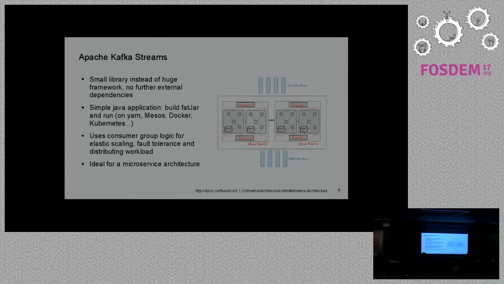That consumer logic with Kafka has been tested and battle hardened for many years by now, so it has proven to be working. And due to its very small footprint, it's ideal for a microservice architecture. You can have your different services all run Kafka Streams applications that do the transformations, read from the Kafka cluster, and then expose that information back as a topic in the Kafka cluster.